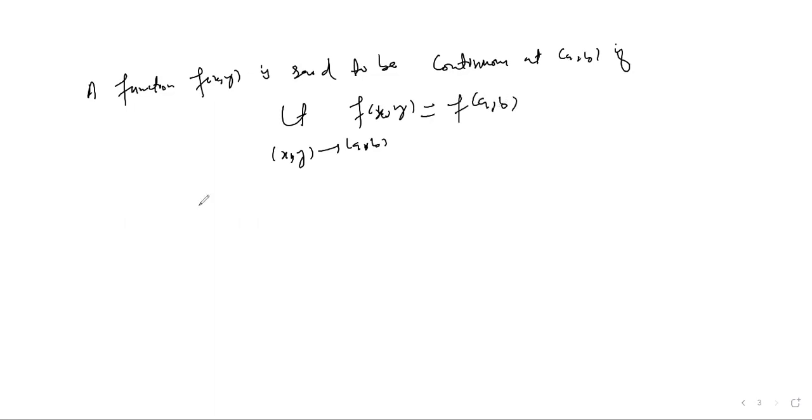If this holds, then we say that the function is continuous. Okay, so this is the definition. It means that you have to apply the previous procedure for the limit. If the limit exists, then you have to think about the value. If the limit does not exist, then there is no need to think about the value of the function.